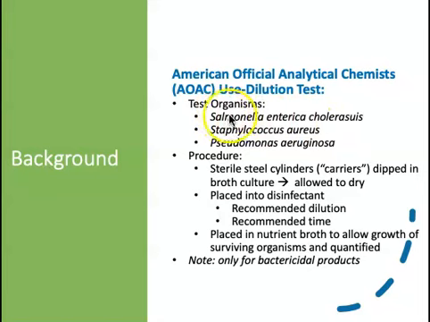Notice that this first organism has three names. Salmonella is the genus, enterica is the species, and choleraesuis is the strain. Don't forget that a lot of pathogens have strains associated with them as well. In the use dilution test, the operator takes small steel cylinders called carriers, and I'll show you a picture of these in just a moment, and dips them into a broth culture.